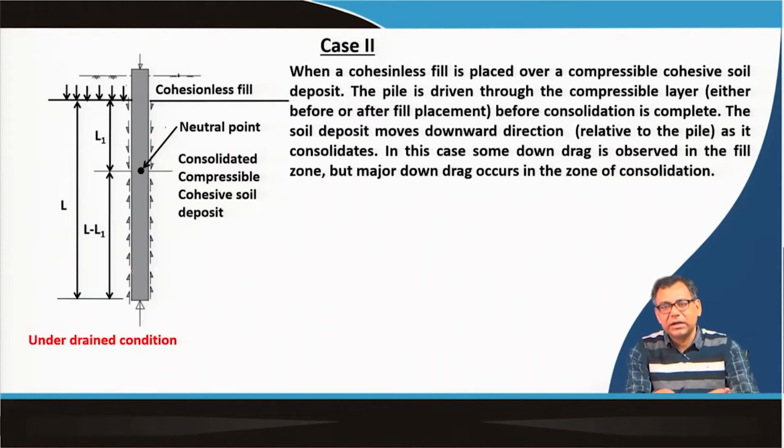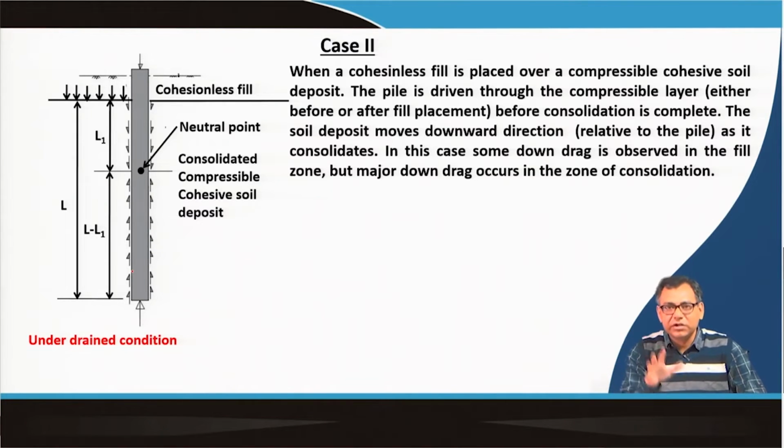Now you have placed a cohesionless fill over there. That means you have placed some surcharge load over a very compressible soil whose consolidation is still in progress. So what will happen? It will further consolidate.